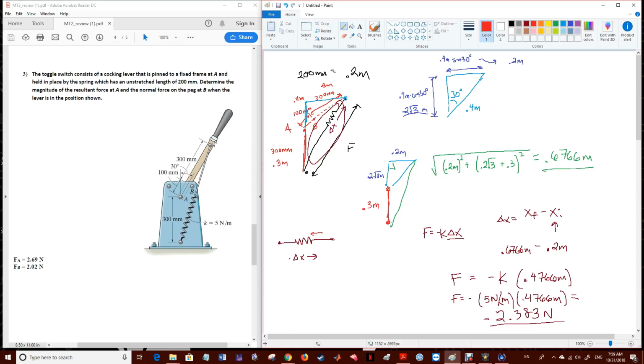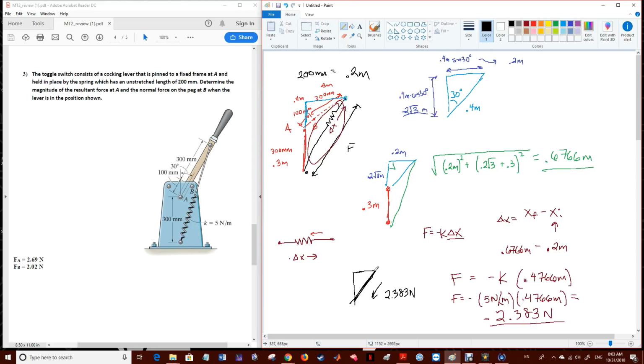All that tells you is that from this point here, the force is going to be along the direction of the spring. That leads us into the next part of the analysis, where at this point, along which the hypotenuse is modeled as a spring direction, we have this force of 2.383 newtons.